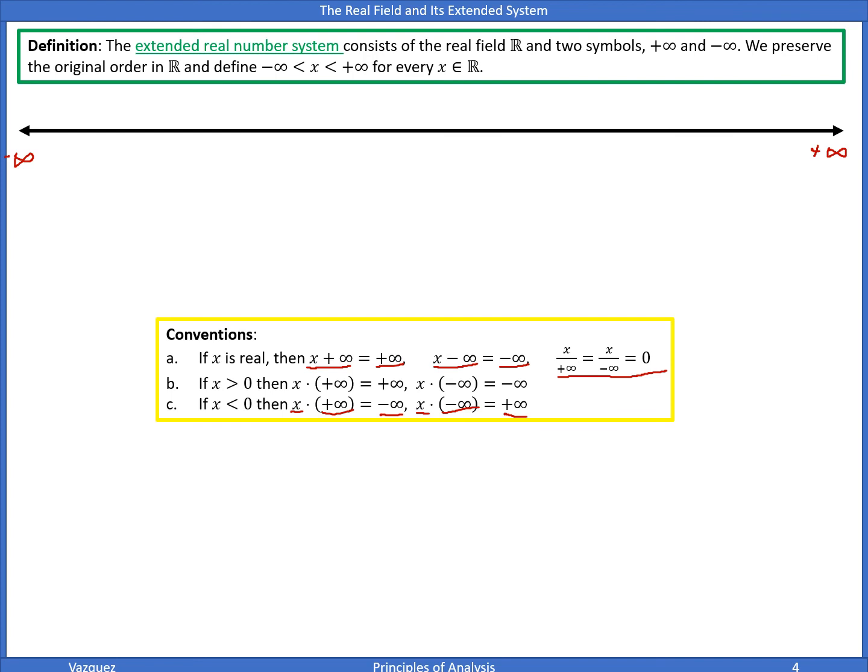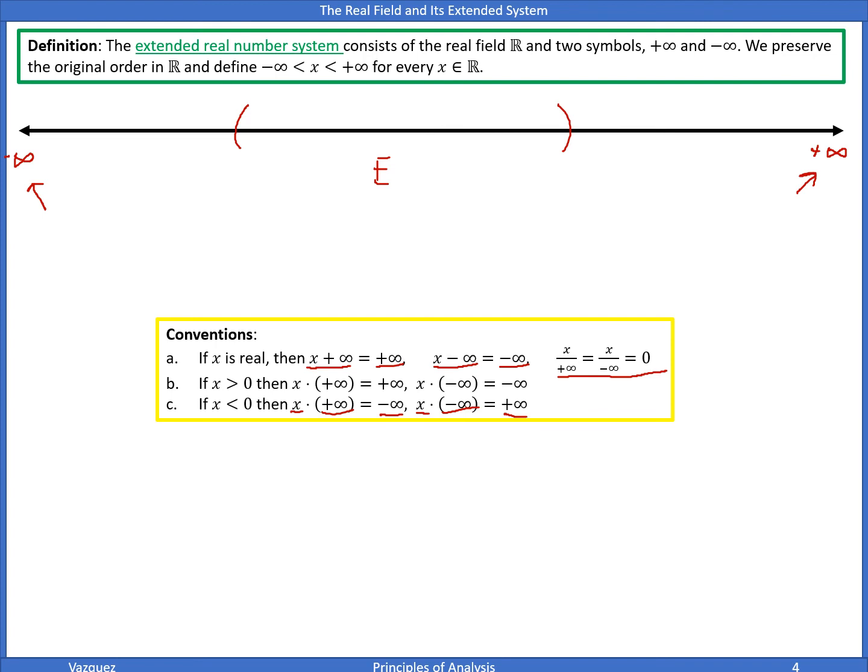And this real line above, I just have it because if we have any set E of real numbers, obviously negative infinity and positive infinity are lower and upper bounds respectively.